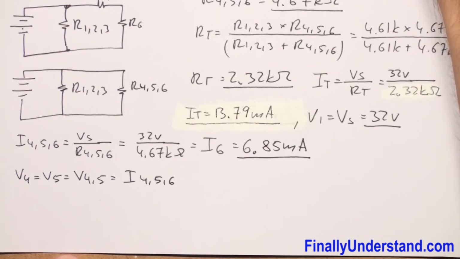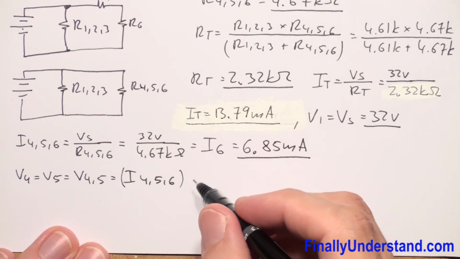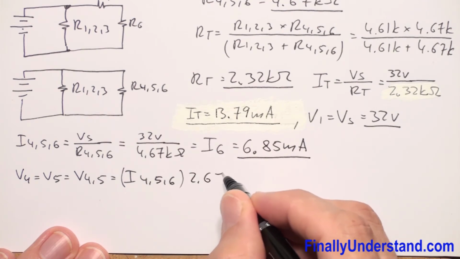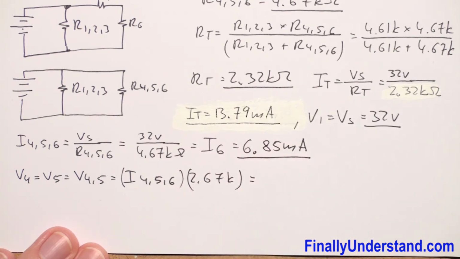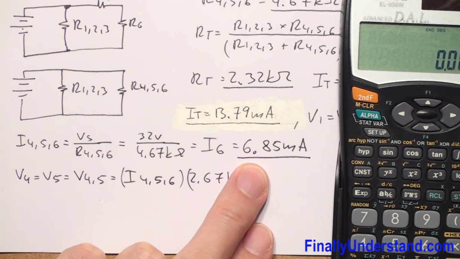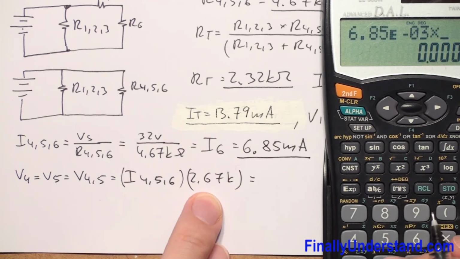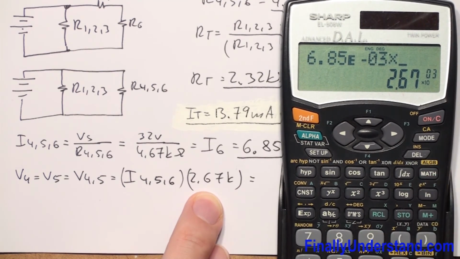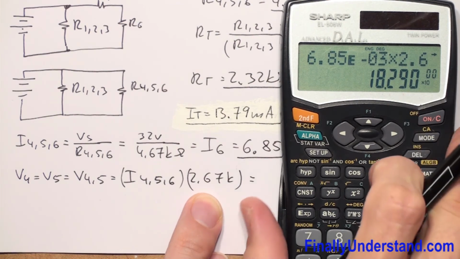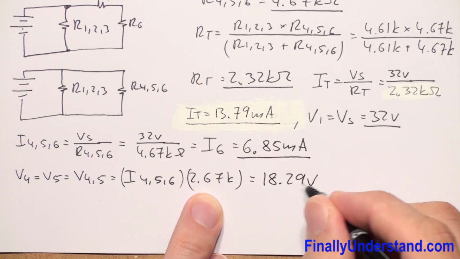So I have resistance R45, which we found is equal to 2.67K, times I456, which we found is equal to 6.85 exponent negative 3. So 6.85 exponent negative 3 times 2.67 exponent 3 is equal to 18.29 volts.